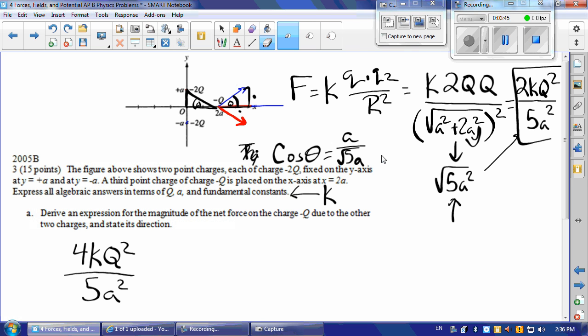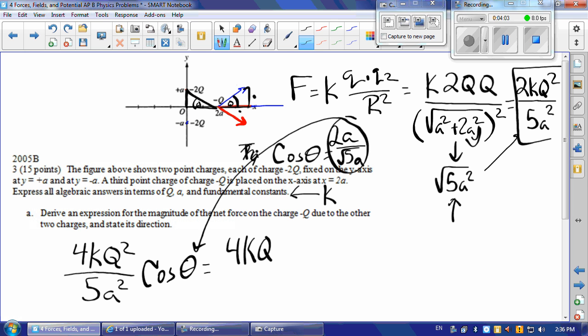So now, adjacent is 2a. Sorry, I'm just forgetting all kinds of stuff. So it's 2a over square root of 5a is my cosine. Well, down here, this is cosine theta, which I can't have in here, but I can replace that with what it's equal to.